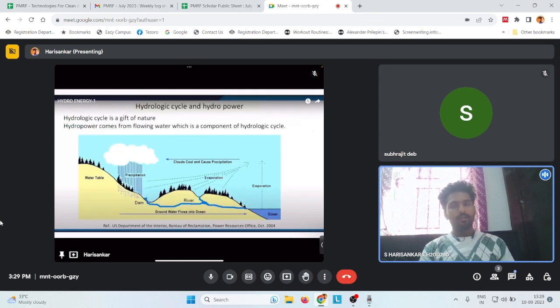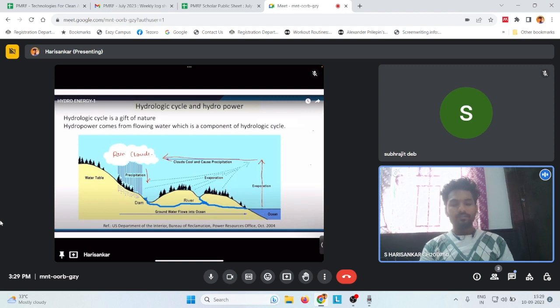So we have learned in school about the hydrologic cycle, or basically the water cycle. Water from the ocean evaporates and goes to the atmosphere, and as the temperature decreases, it forms rain clouds, from which rain occurs, or precipitation basically, and this water gets stored as groundwater underground, and thus this cycle of water goes on.